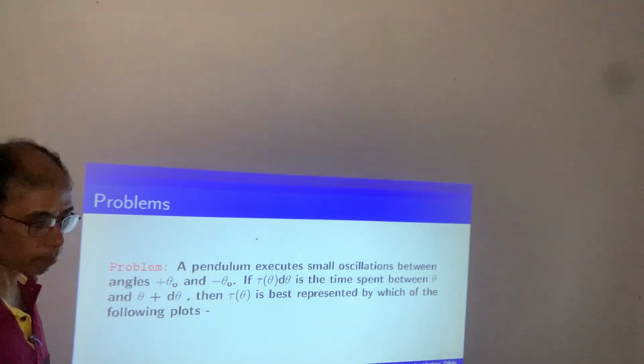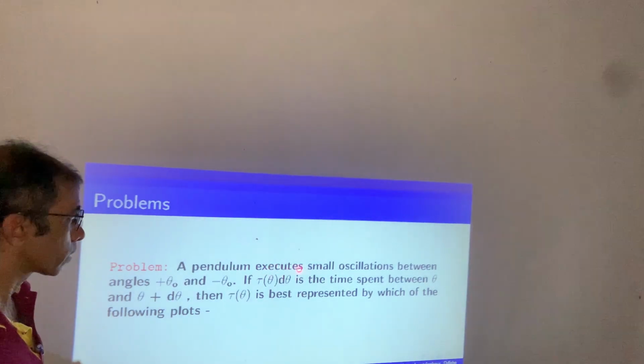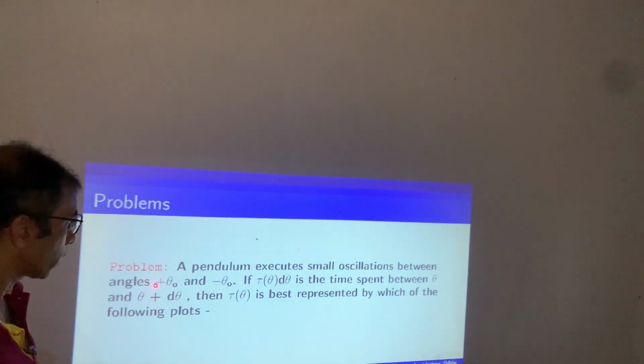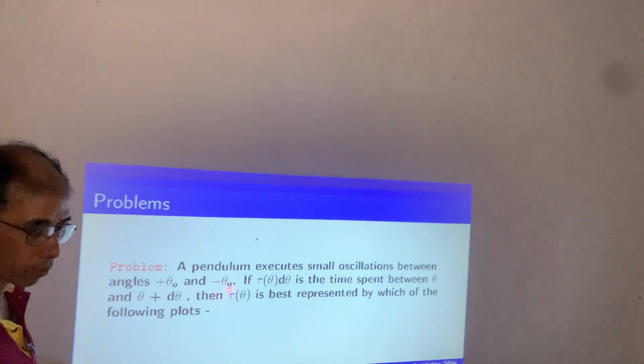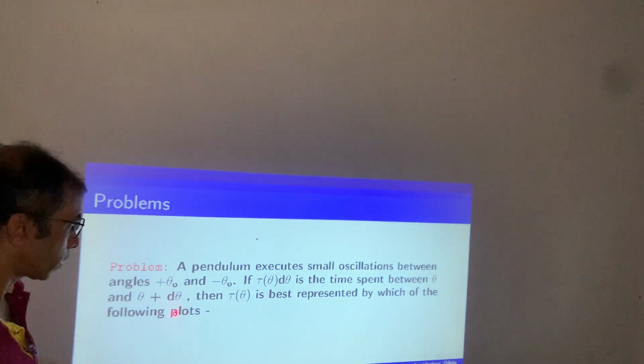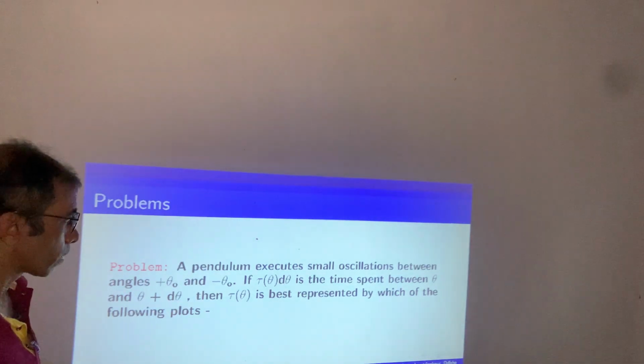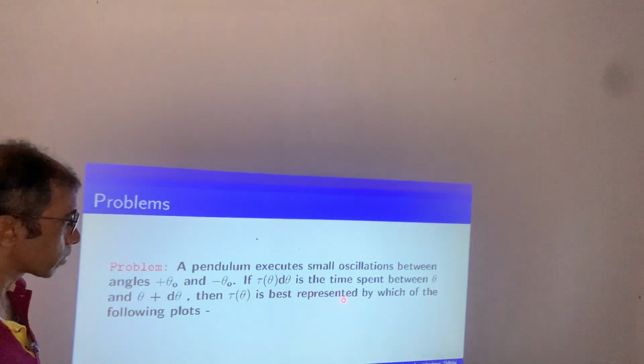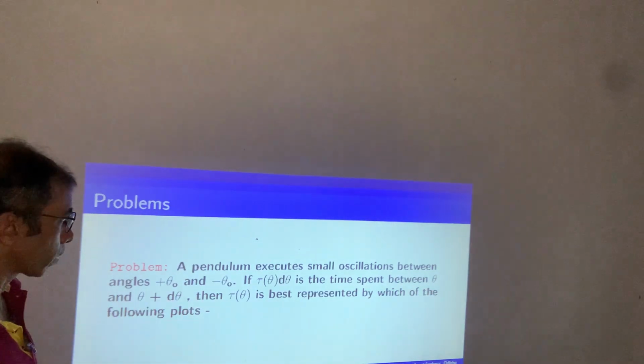So we now go to another problem. A pendulum executes small oscillations between angles plus theta naught and minus theta naught. If tau theta d theta is the time spent between theta and theta plus d theta, then tau theta is best represented by which of the following plots.